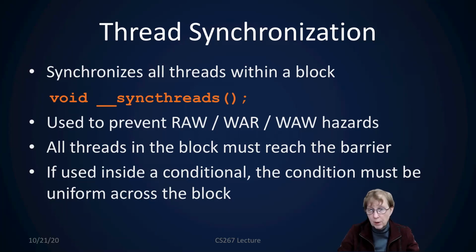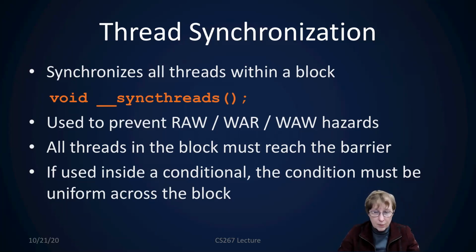You've seen this barrier idea in OpenMP, and you'll see it again when we get to MPI. So it's a very common pattern of synchronization. And if it's used inside a conditional, you need to be careful. This is always true of barriers. If you stick a sync threads inside of a conditional and only some of the threads go down that conditional, remember we said conditionals can be slow on a GPU because they can cause the threads to diverge and some of them to get masked out.